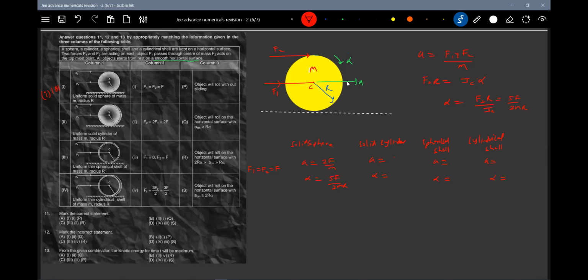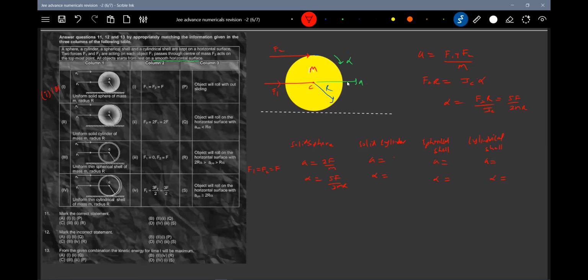So what you have to do, you have to save time from some other questions and bring it here. Once you fill up this column, then we can manage here for solid cylinder.